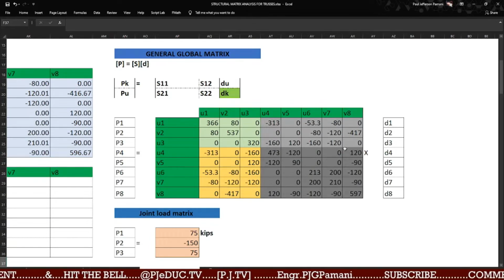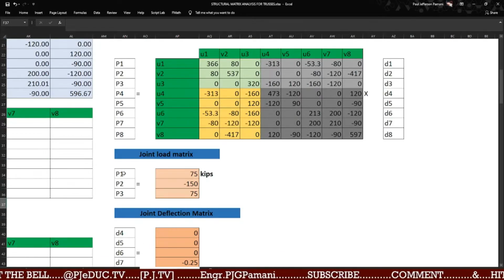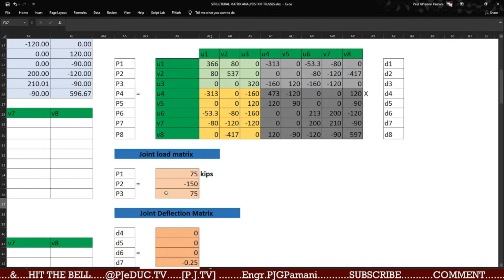After doing so, identify the joint load matrix, which are your known forces within the given truss. From example number 2, we have already identified that the forces on axes 1, 2, 3 are positive 75, negative 150, and positive 75 kips respectively.